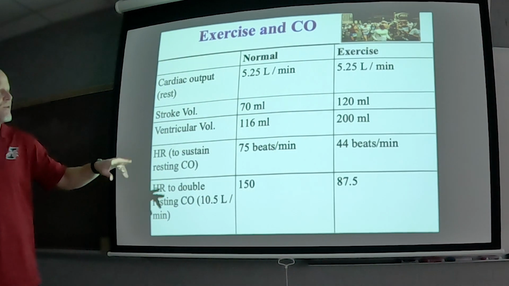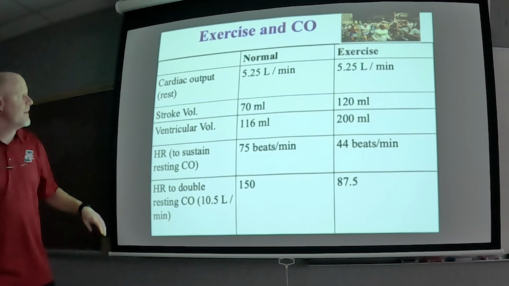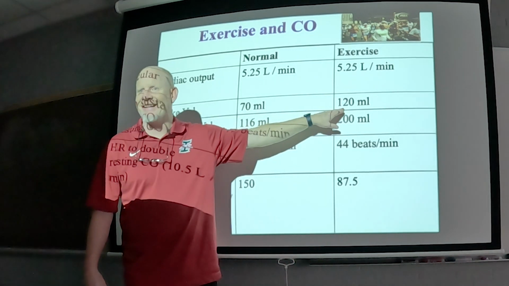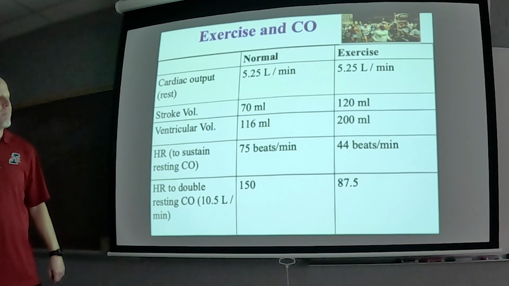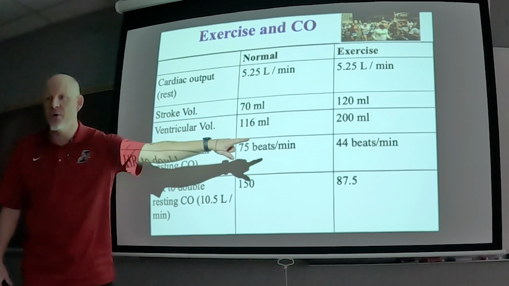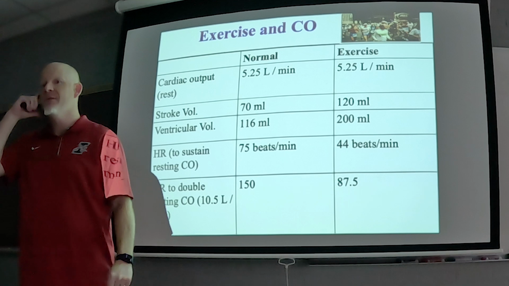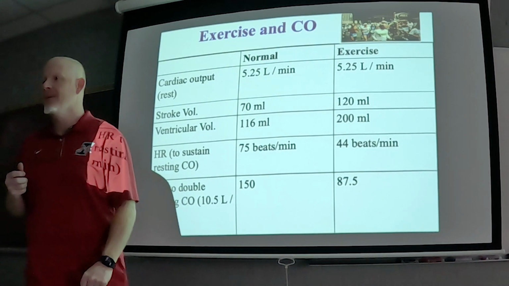It's about 5.25 liters per minute, or about the amount of blood that's in your body. The difference is their stroke volume, 70 versus 120, right? See that? So they're ejecting a lot more blood per beat because their heart rate is much lower, which allows for more stretch before contraction, right? More stretch, harder contraction, bigger stroke volume.